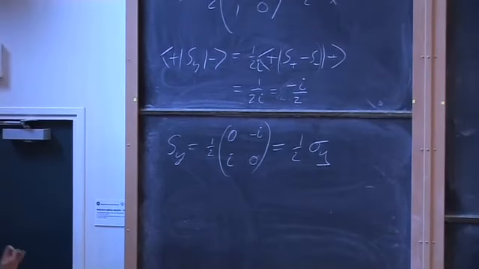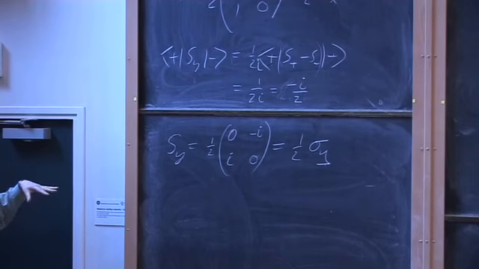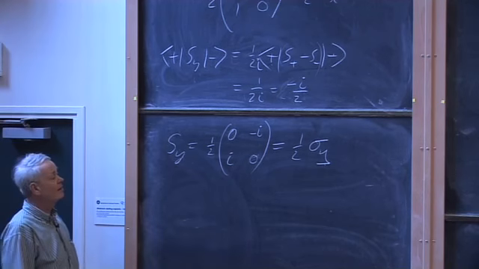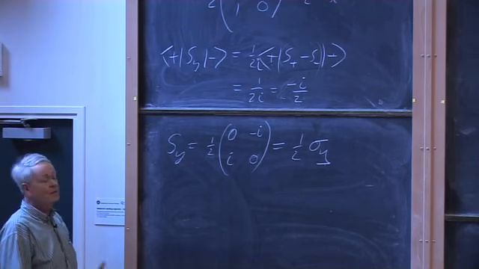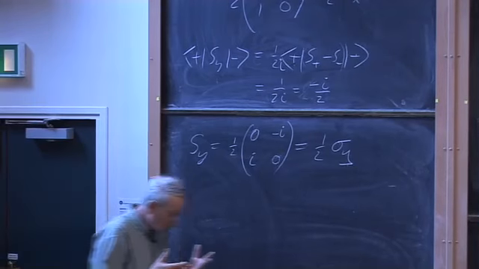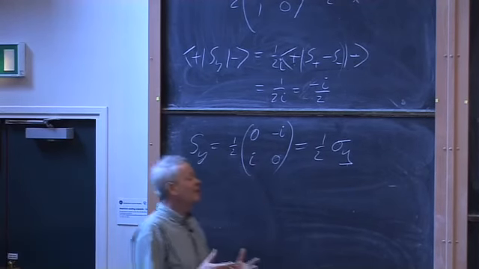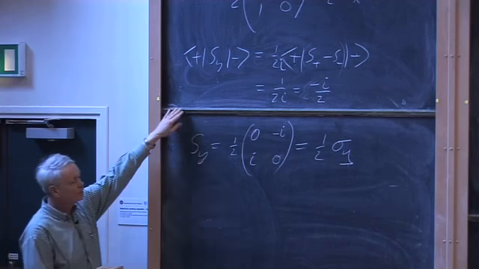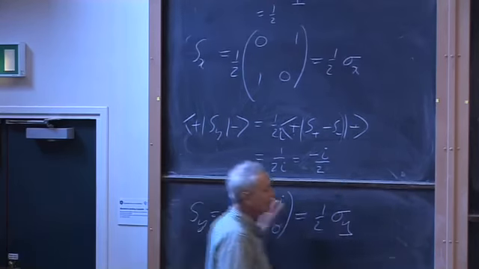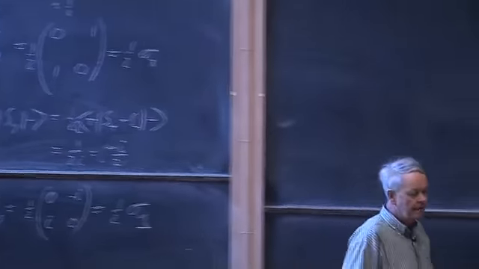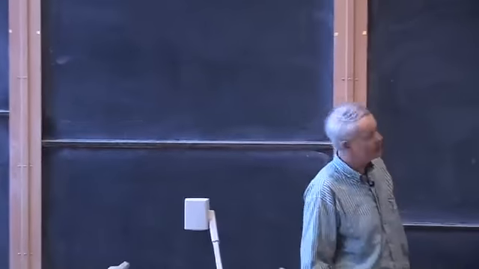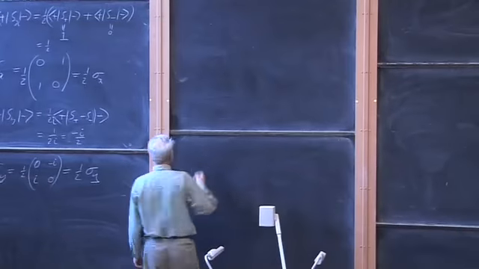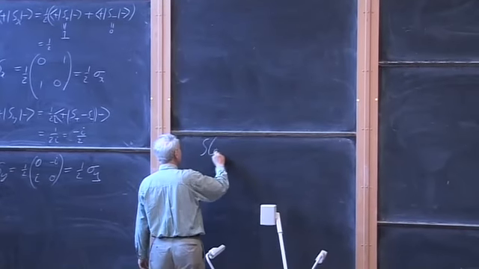So that's where the Pauli matrices come from. They're simply the matrix representations of the spin operators in a basis, when you choose as your basis the eigenkets of sigma z. So let's use this apparatus to do something slightly interesting.